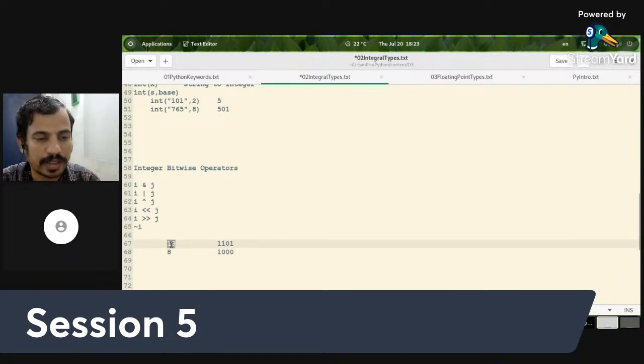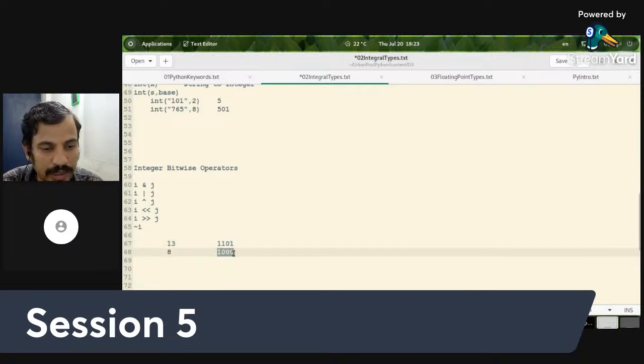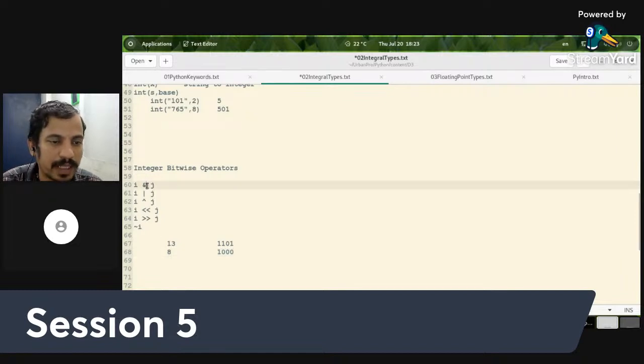I think you can understand why 13 is represented as 1101: 1 into 2 power 3 plus 1 into 2 power 2 plus 0 into 2 power 1 plus 1 into 2 power 0. If you add them, it becomes 13. 8 is 1 followed by 3 zeros. Now we are performing a bitwise AND operation on it.